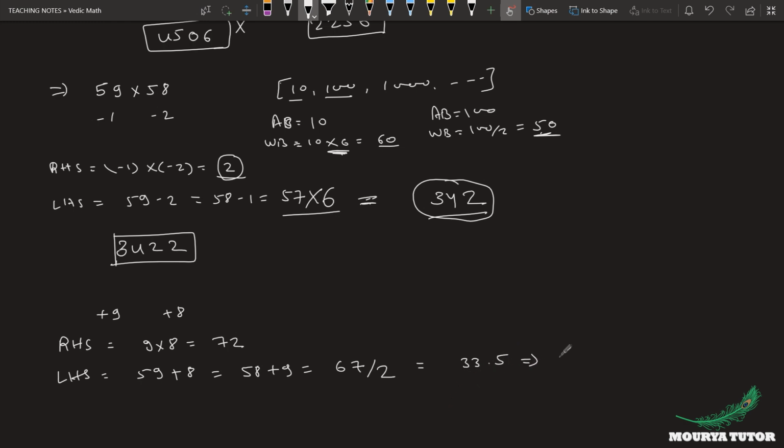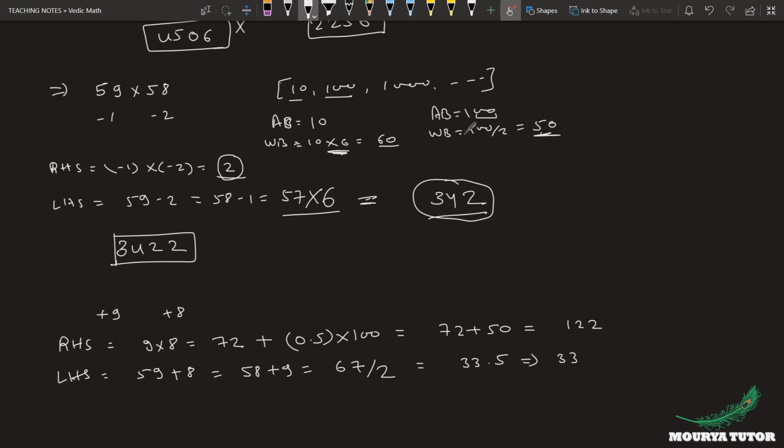Now this LHS should be an integer only, so we will take 33 and this 0.5 we will add into the RHS, but before adding we need to multiply it with the actual base. So 72 plus 50, you will get 122, but I have told you that RHS should be of 2 digits because the number of zeros in the actual base is 2.